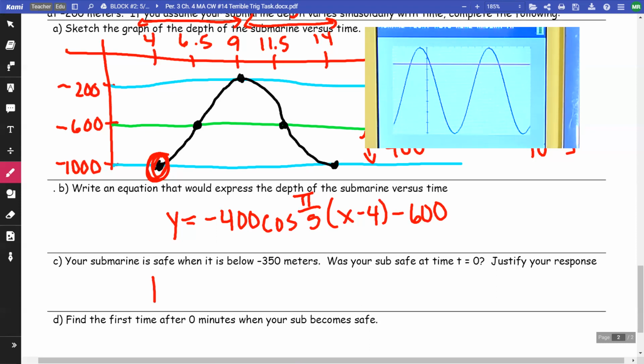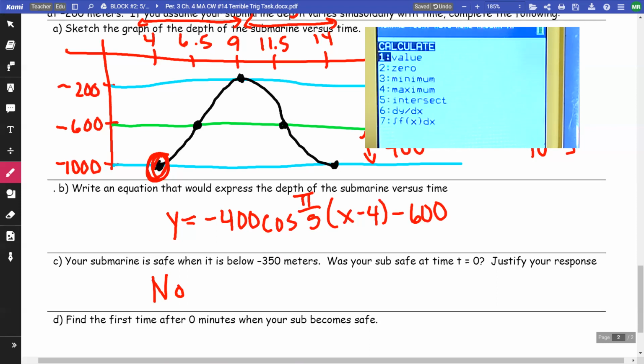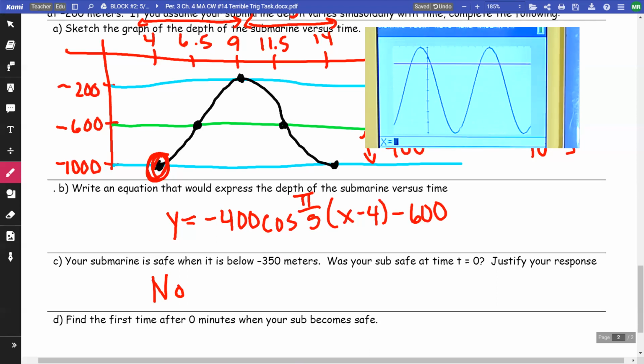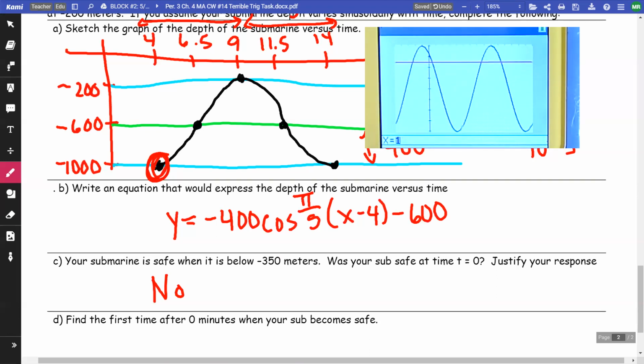Okay. No. And if we want to know what value that is, I can go to second and help. And I can go to my number 1 for value, because I'm going to put this in for my x. I want to put in a 0.